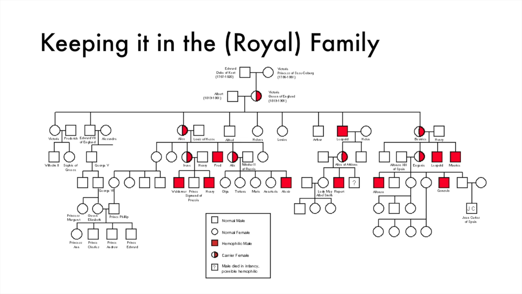However, remember I said I was going to mention something about Queen Victoria again, and hemophilia. For centuries, the crowned heads of Europe, when it was time for them to marry, they wanted to marry other royal people.